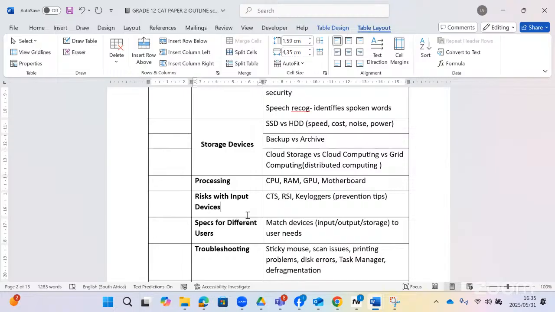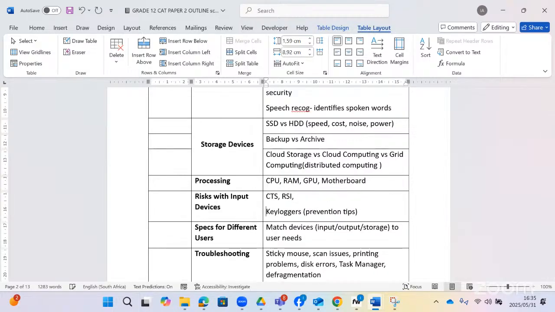Now, you must know some of these risks. Keylogger is a type of software that will record your keystrokes, and then RSI, when you use input devices, you are going to encounter the pains or the strain on your repetitive side. Now, so some of these you must know, and then the preventive measures also.